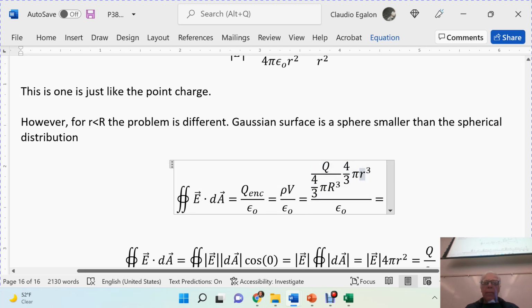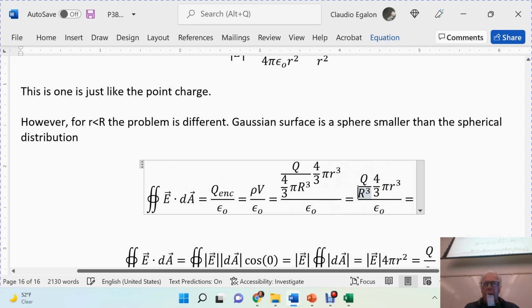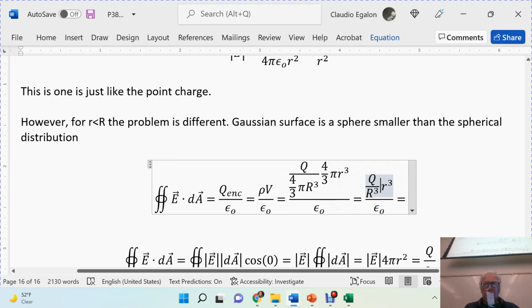And then what's going to happen? Let's continue here. There are some simplifications that we can make. The 4/3 of pi can be canceled out. R cubed is going to go downstairs.